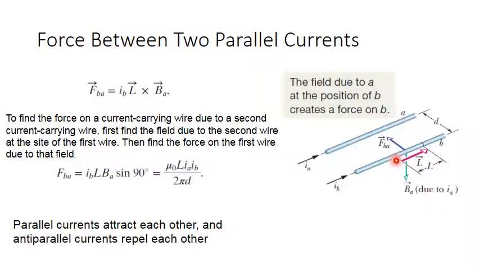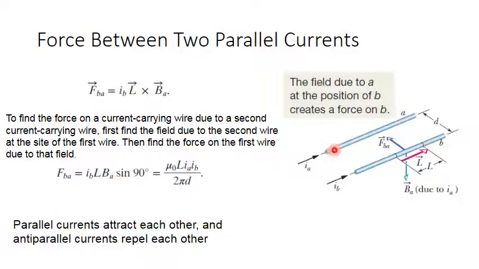So the cross product would be proportional to sine 90 degrees, which is 1. So as a magnitude, the force at B due to A would be IB multiplied by L multiplied by BA multiplied by sine 90 degrees.